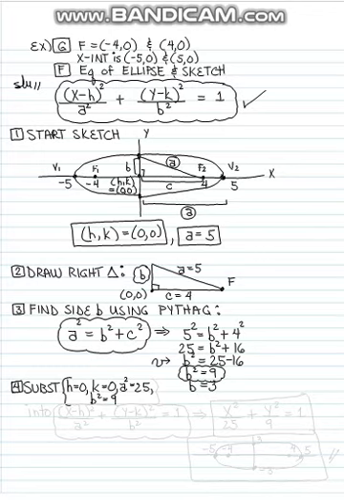So we're going to substitute all of that into x minus h squared over a squared plus y minus k squared over b squared equals 1.